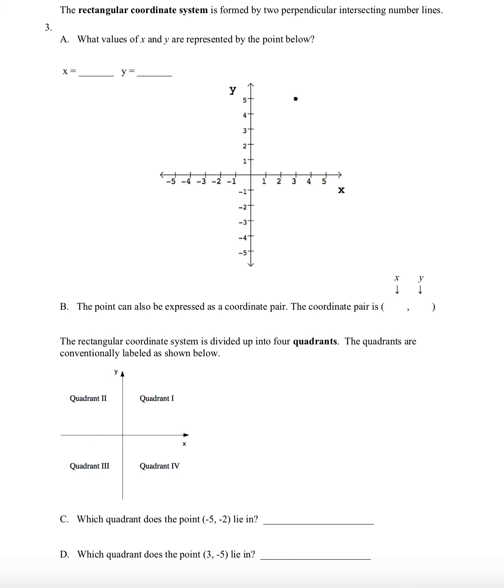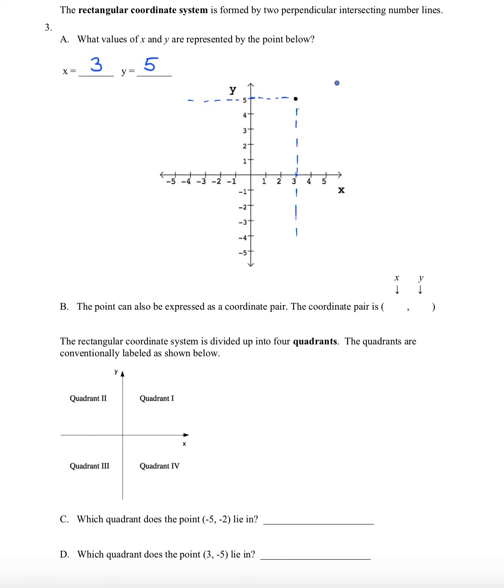To solve this, we want to simply trace the point down to where it intersects the x-axis. It intersects at 3, and so that's going to be our x value. And we also want to trace it over horizontally until we touch the y-axis. And then we can get the y value for that point. It's 5.